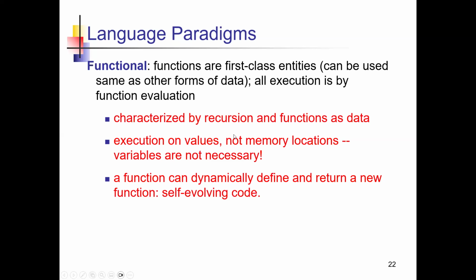So it's characterized by recursion and also functions as data. Execution is on values, not memory locations. So there's nothing like a variable; variables are not necessary. A variable is a value, same as in college algebra. Also, a function can dynamically define and return a new function, so it's self-evolving code.